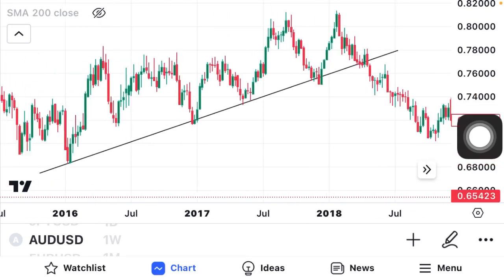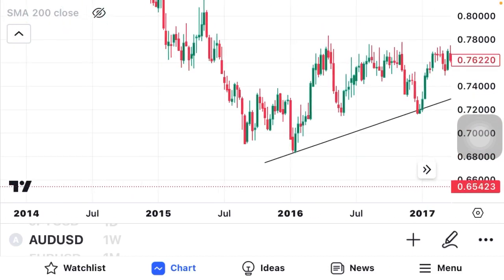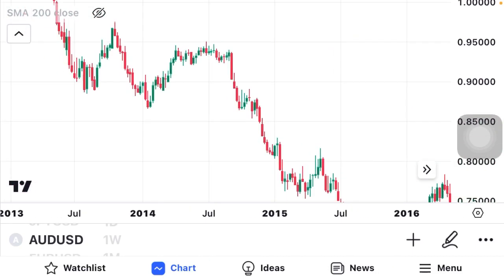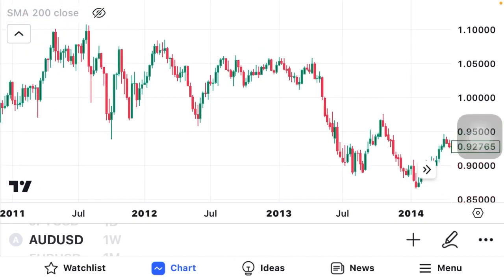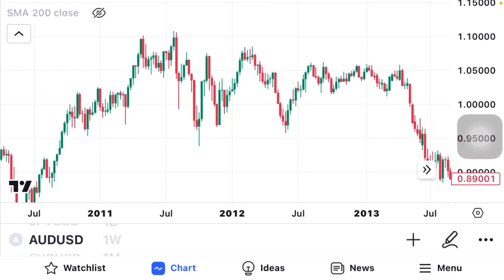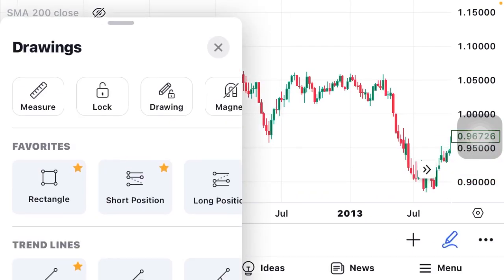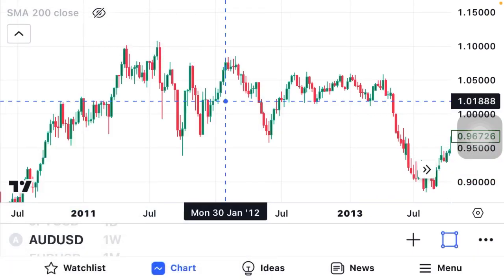Now let's look for support and resistance, which is the next thing that we talked about in this video. I think I have seen a support here and I've seen a resistance. So I will pick my horizontal tool, which is my rectangle tool.